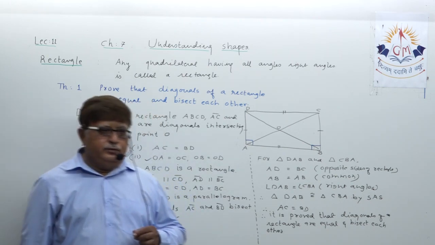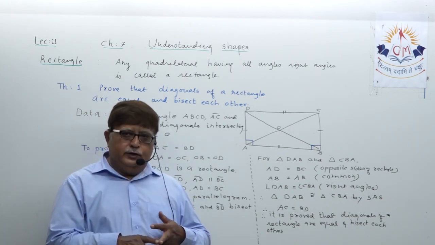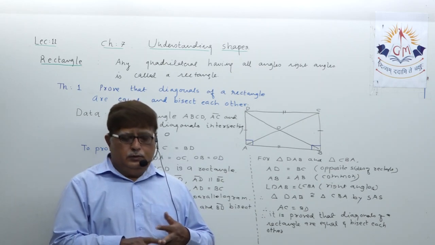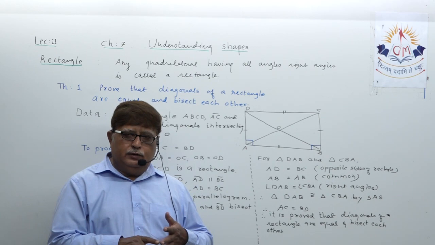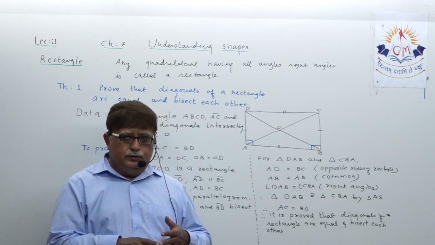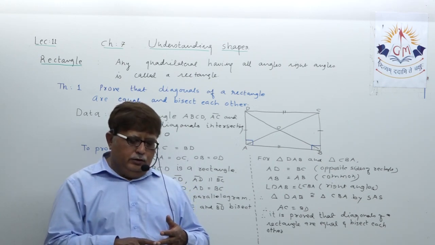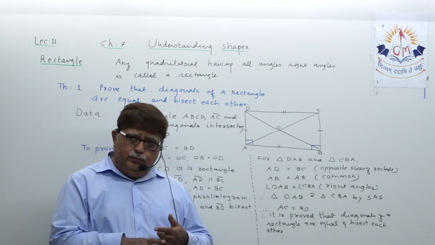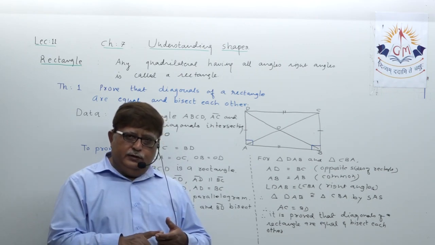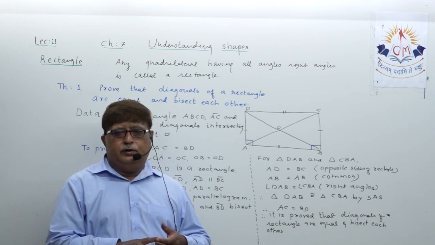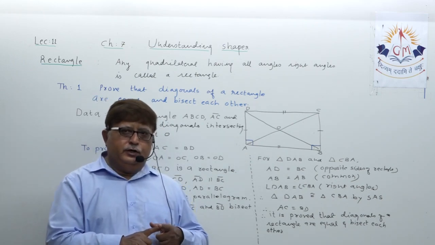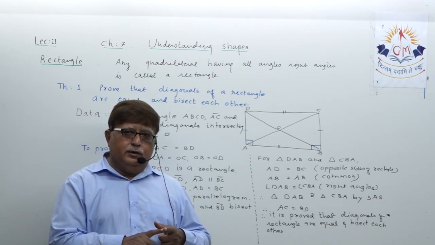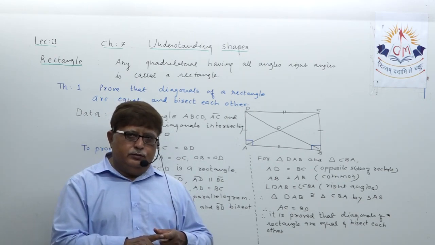First property. Second property, opposite sides are equal, congruent. Note down. Opposite sides are parallel, that's the first property you noted down. Opposite sides are equal or congruent, you note down.